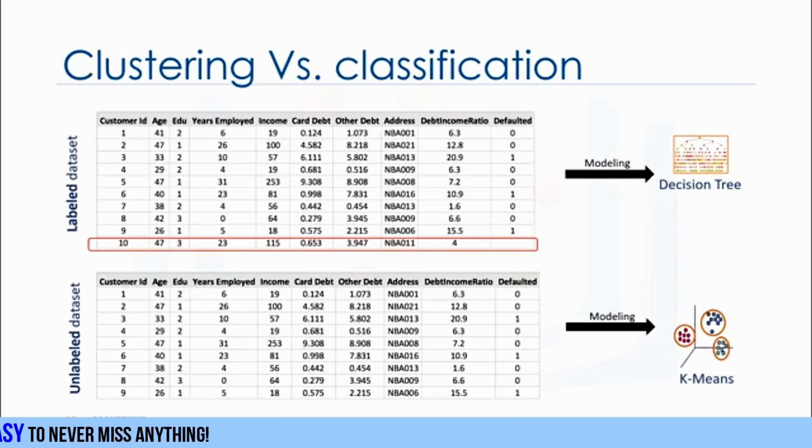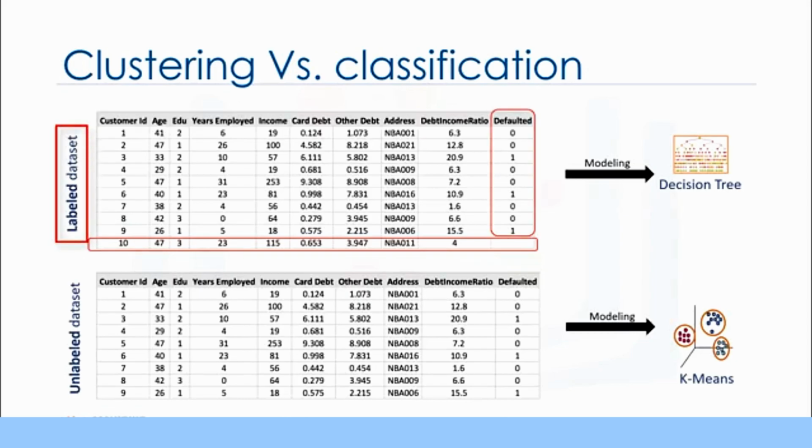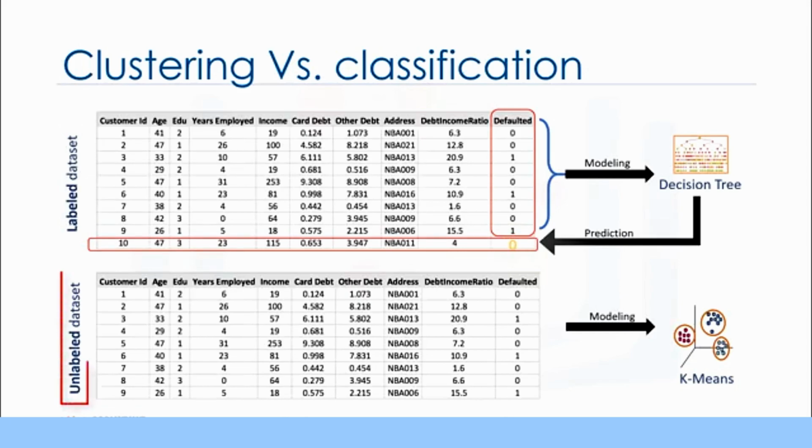For example, if an analyst wants to analyze customer data in order to know which customers might default on their payments, she uses a labeled dataset as training data and uses classification approaches such as a decision tree, support vector machines or SVM, or logistic regression to predict the default value for a new or unknown customer. Generally speaking, classification is a supervised learning where each training data instance belongs to a particular class. In clustering, however, the data is unlabeled and the process is unsupervised.